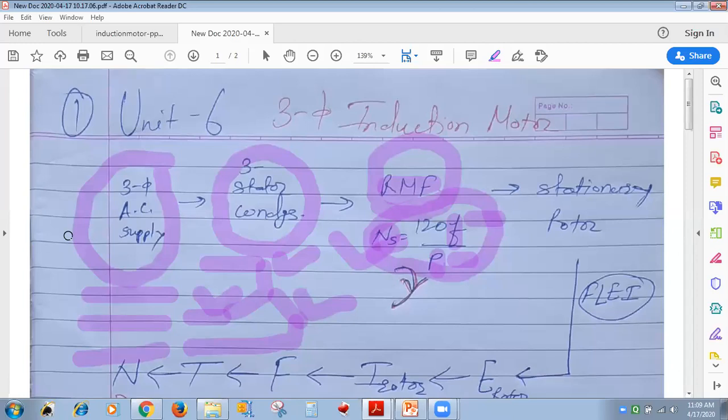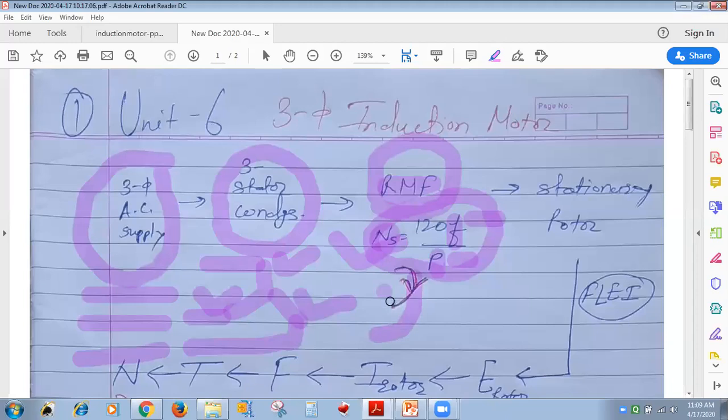Okay, so whenever we say the phase sequence is RYB, it means R leads Y. So the direction of rotation of this rotating magnetic field is always from the leading phase to the lagging phase.